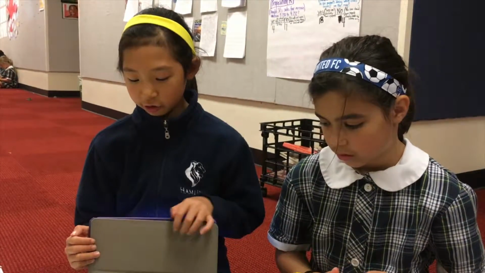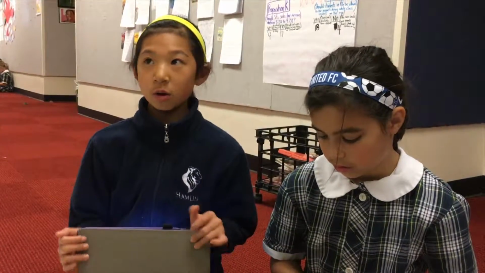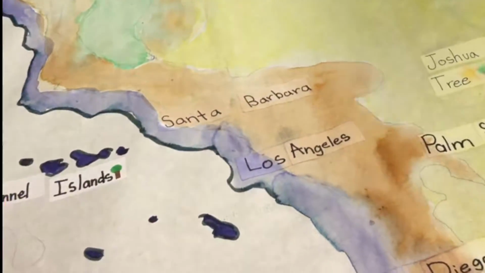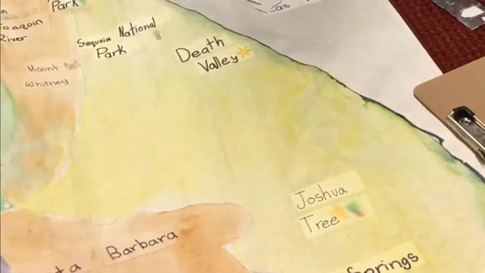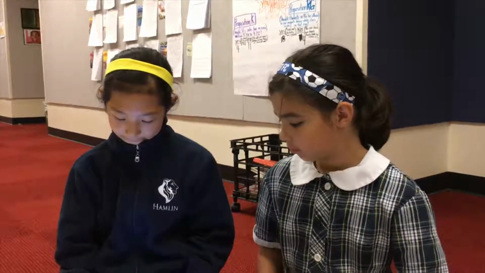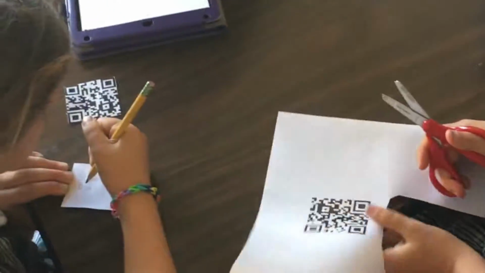When we were researching for other people to learn, we were also learning about it ourselves. And we learned where different national parks and cities are located on the map, and where these landmarks are. And we also learned how to make QR codes.